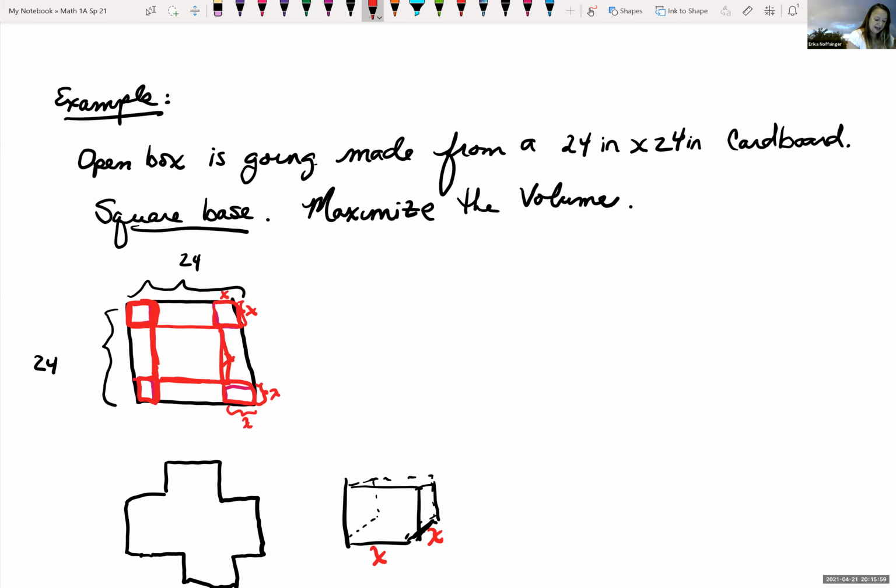If we call that X, then I know what this side would be, because the total side was 24. But if I take that 24 and I subtract off this X in here, minus this X in here, this would equal 24 minus 2X. So we know that this length in here is 24 minus 2X.